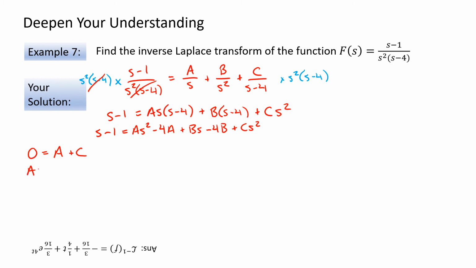So in other words, a is equal to negative c. When we get this many terms, I do like to cross them out to know that I've used them. For the s term, we have on the left-hand side just a 1 behind the s. On the right-hand side, we have just the function b. So we know that b is equal to 1. Okay?